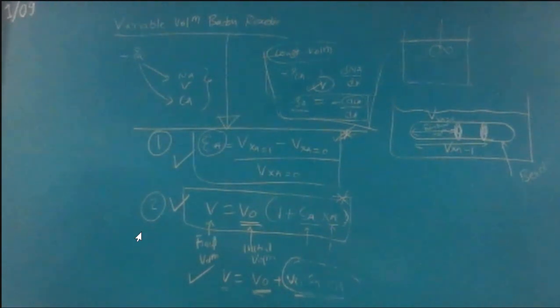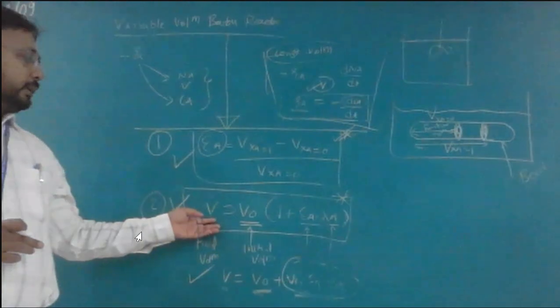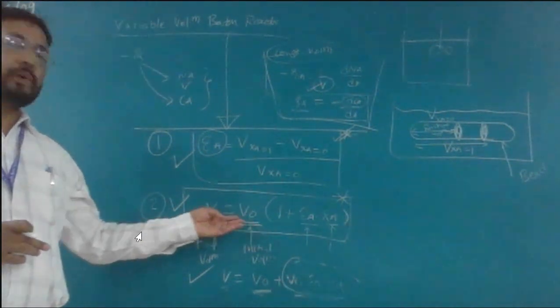The epsilon value, the fractional change in volume, this particular part would be added into the initial volume so that we can get the final volume.